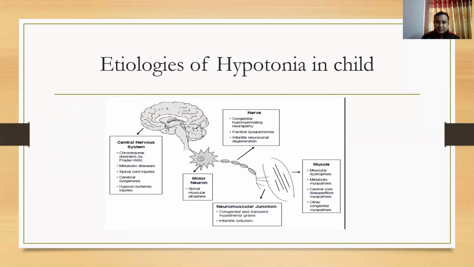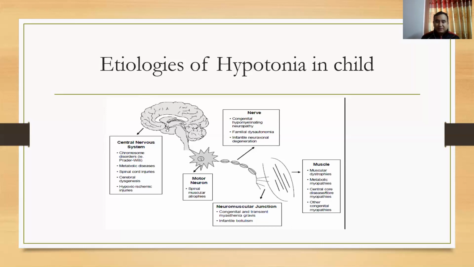Similarly, cerebral dysgenesis can cause hypotonia, and one of the common causes of hypotonia in our part of the world is hypoxic ischemic encephalopathy. So these are the central causes of hypotonia in a child. Regarding anterior horn cell disease, spinal muscular atrophy is one of the common conditions that can cause hypotonia in the child.